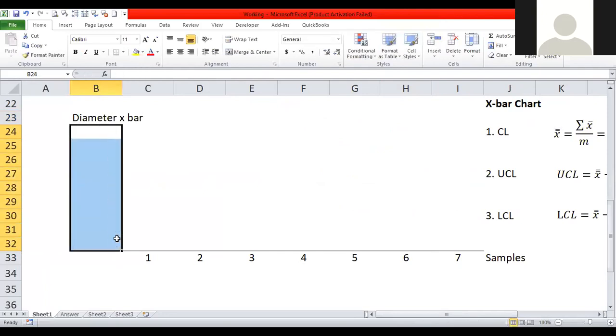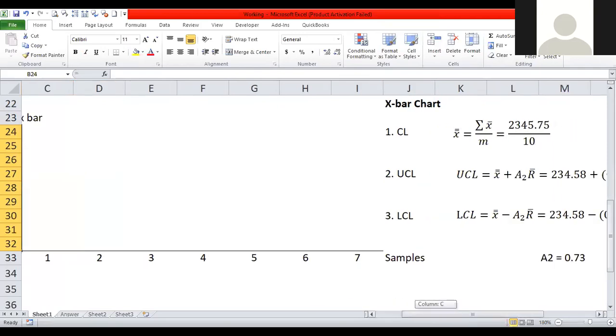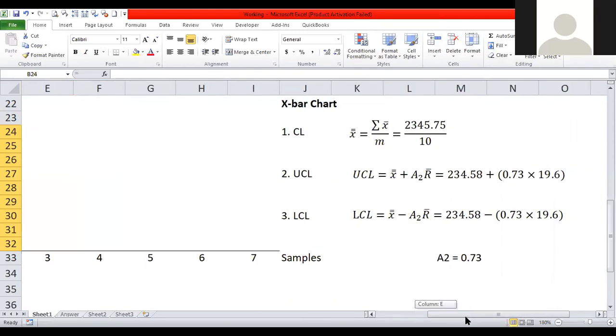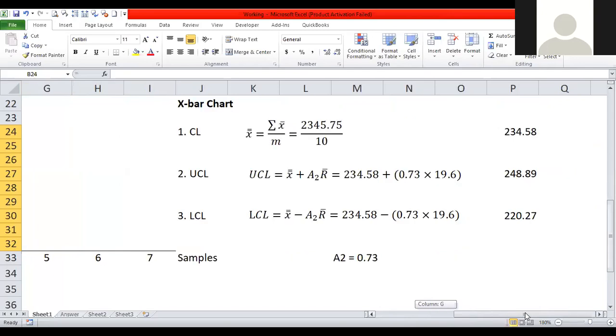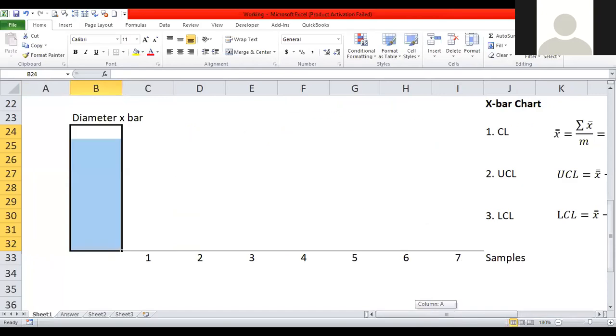So there we have to change these numbers because the range is 234 and 220. So you will start from say like 200 or something.